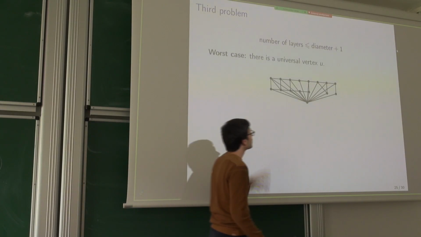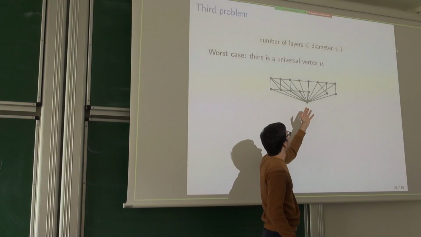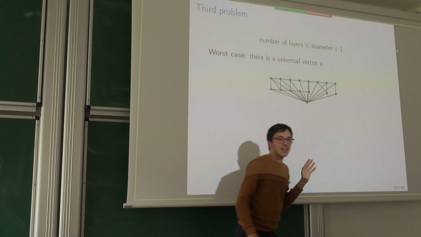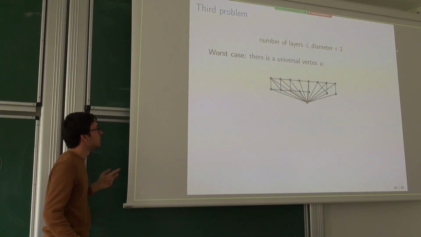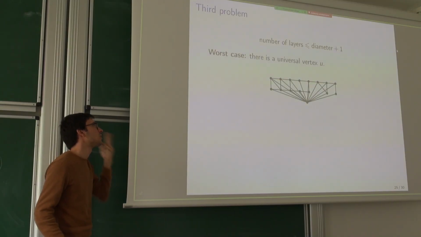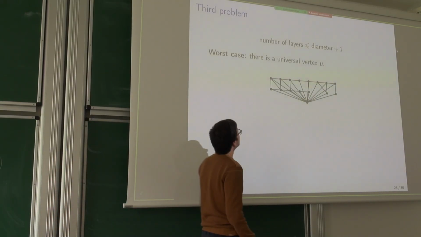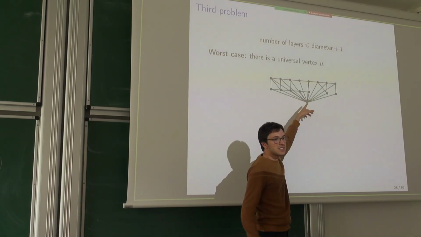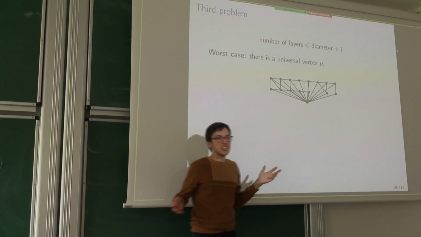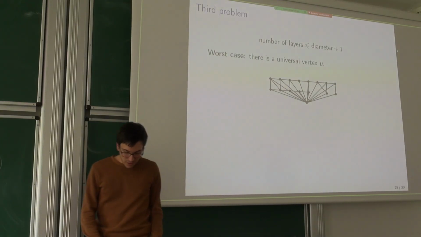Okay? Take any graph, I add a universal vertex, and now the diameter is 2, and so I don't have any layering on more than 3 layers. Yeah, 3. Okay. So this is really a big problem, because I want to be able to decompose graphs like that. Adding a vertex almost doesn't change my parameter, so this is really annoying.